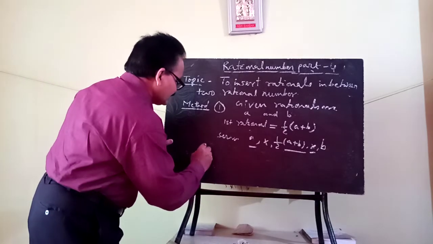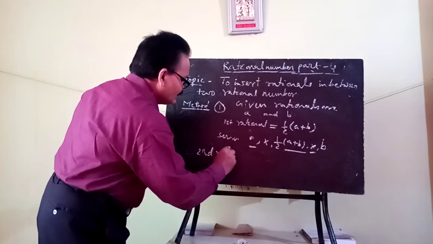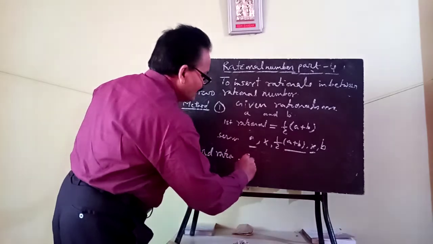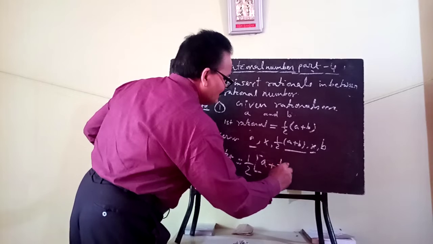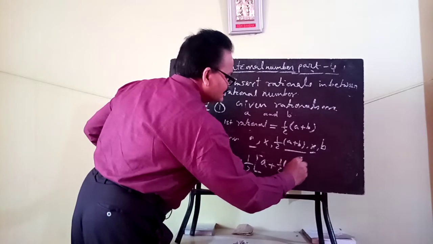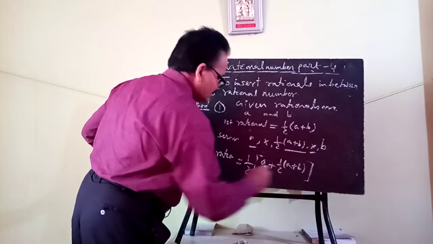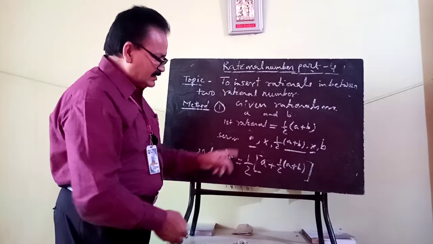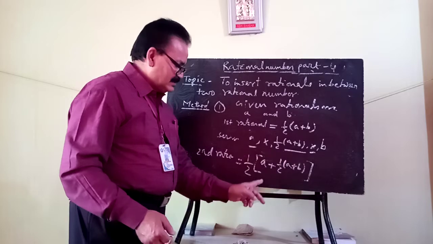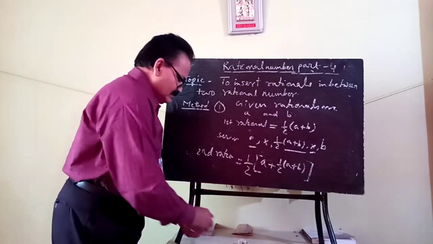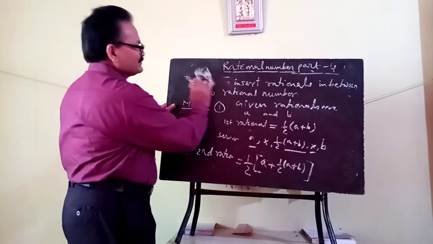So the second rational is half of the sum of A plus half of A plus B. This is the second rational that you will insert in between the first and the mid one.